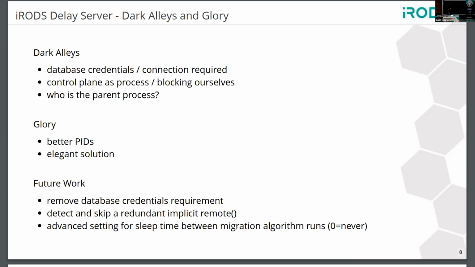One other thing that we also learned was that the main iRODS server process actually does not have database information or connections available to it on startup. That's something that's only available in the agents. And so we had to figure out how we get the main server process to know how to connect to the database.